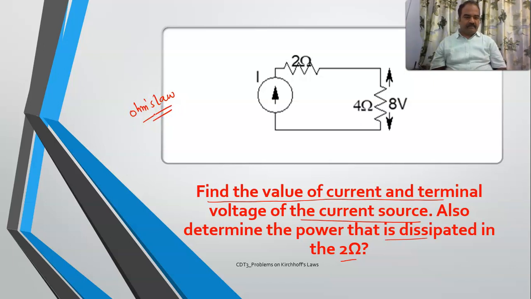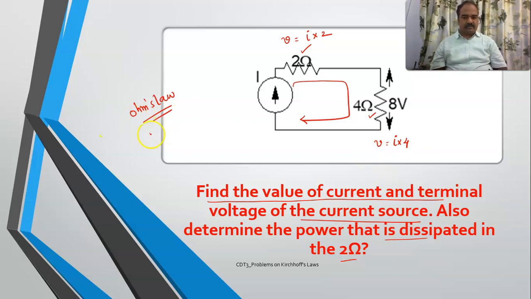If you carefully see, you don't know this current, but it is flowing in both of these resistors, right? So it is flowing through 2 ohms, it is also flowing through 4 ohms. So here there will be a potential drop equal to I into 2, whereas here there will be a potential drop of I into 4.